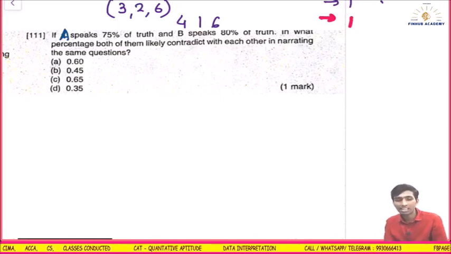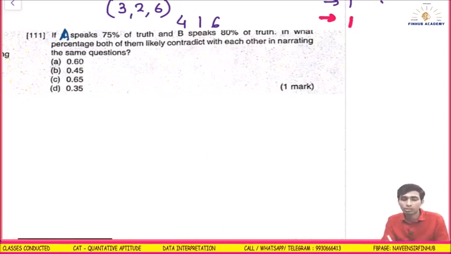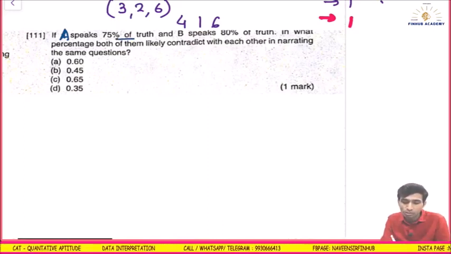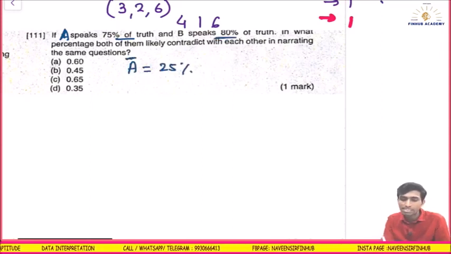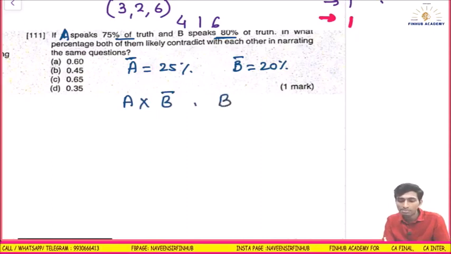Means either A is telling the truth and B is lying, or B is telling the truth and A is lying. That means A speaks the truth 75%, so A complement is how much? 25%. B speaks 80%, so B complement is how much? 20%. So A speaks the truth and B lies, or B speaks the truth and A lies.